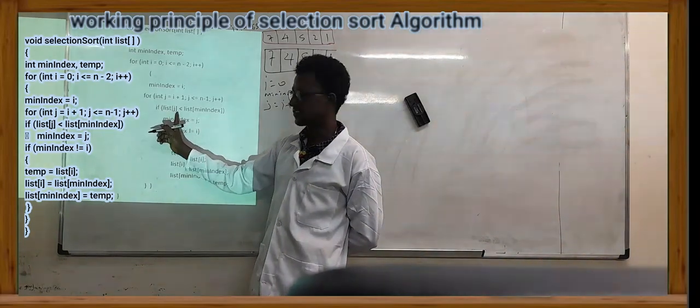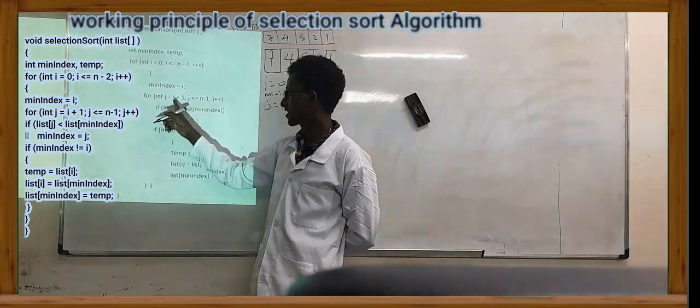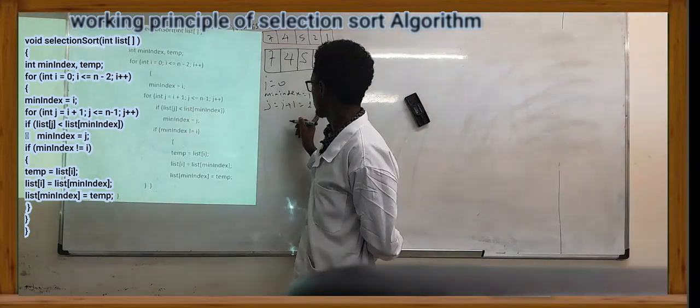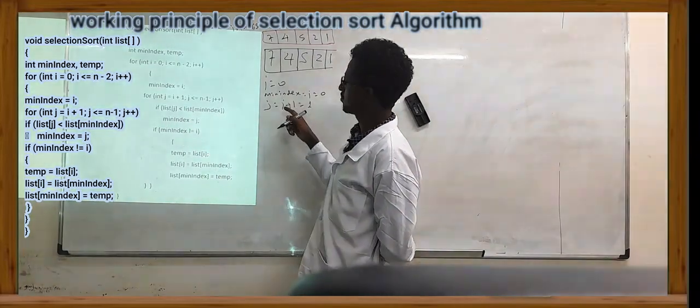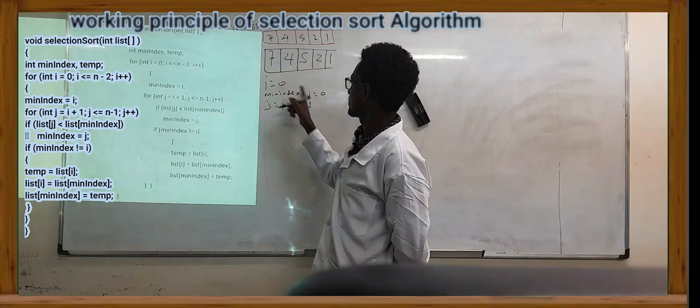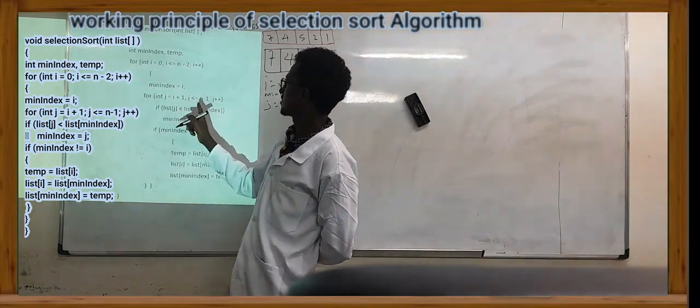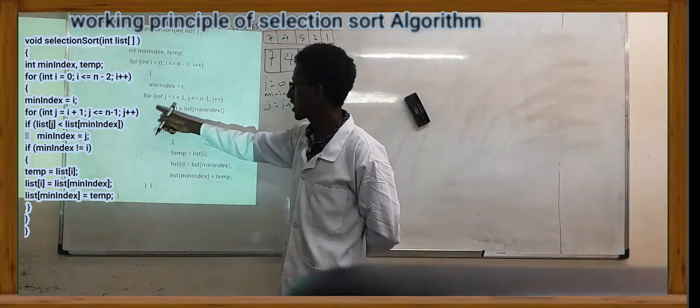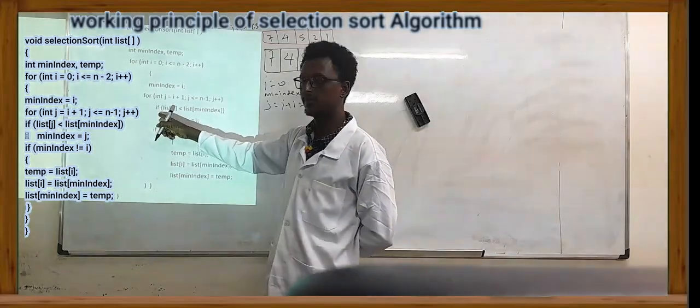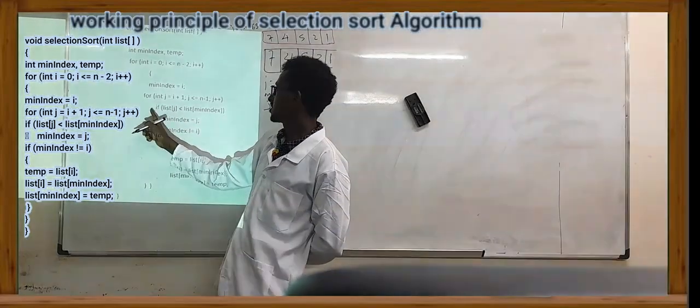Then check this condition inside the second for loop. Before that, I think you are familiar with for loops. This is the value, check the condition. If the condition is true, we can proceed to the next line of statement.